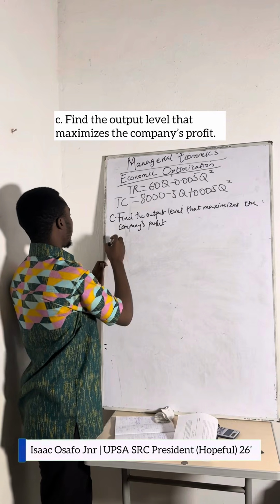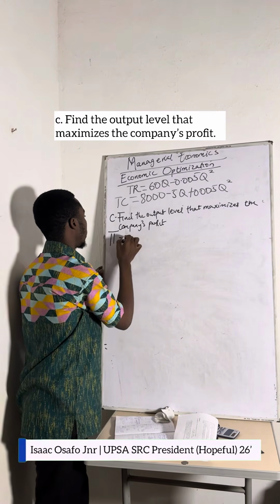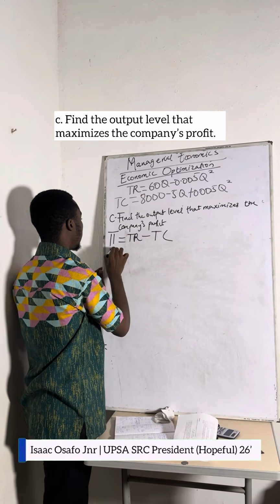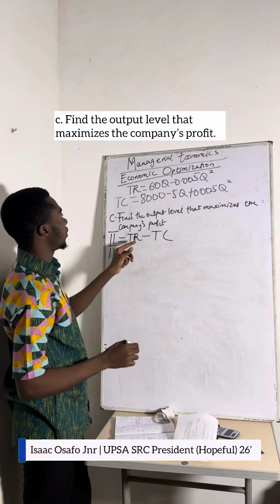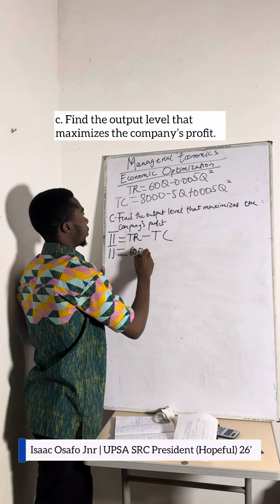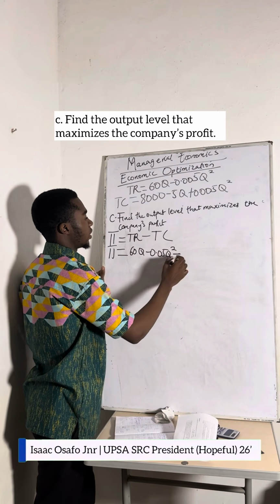So now we know that our profit, which we represent by pi in this topic, is equal to total revenue minus total cost. Our total revenue is here, which is 60 Kil minus 0.05 Kil squared, then minus the total cost.